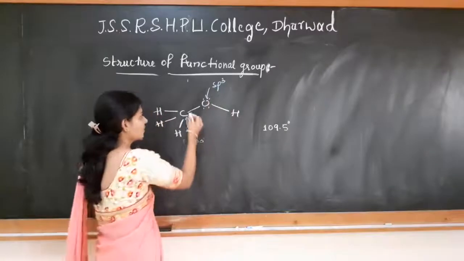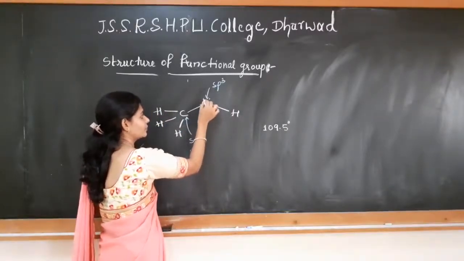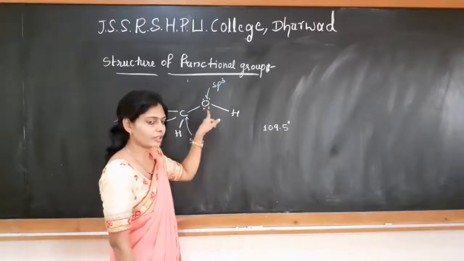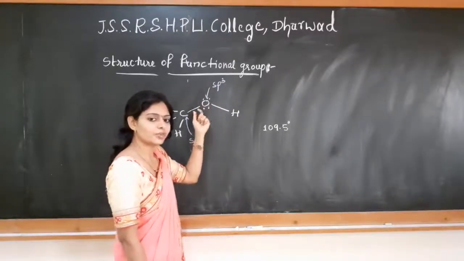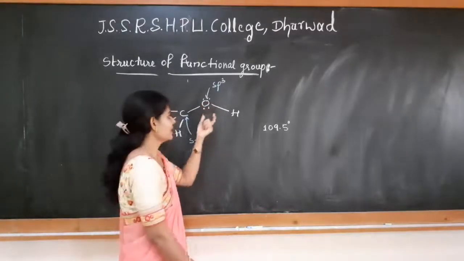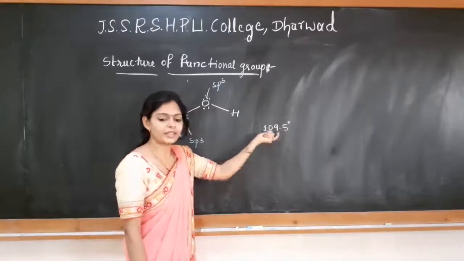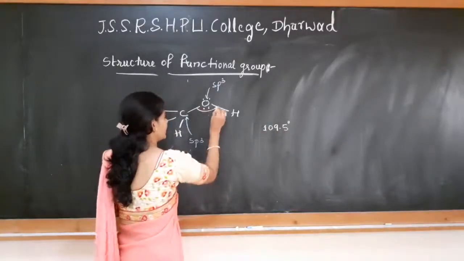But in this case, because of the presence of lone pairs of electrons, there exists a repulsion between the bond pair and these lone pairs of electrons. For that reason, the tetrahedral angle is reduced from 109.5 degrees to 108.9 degrees.